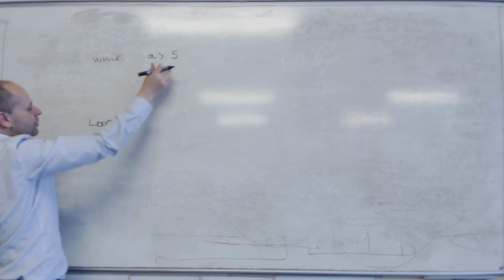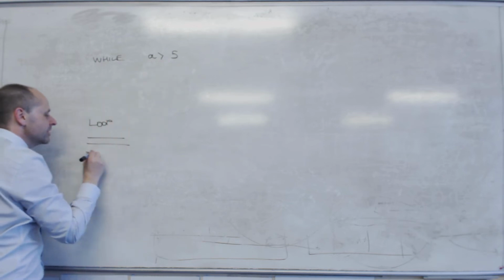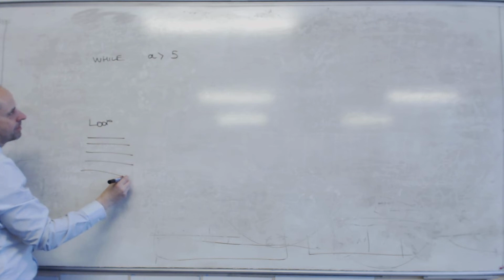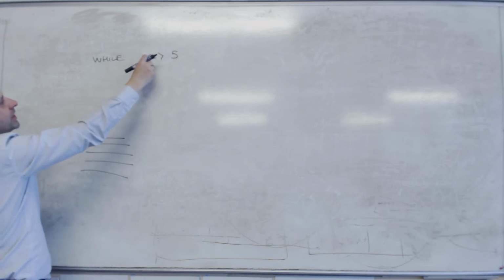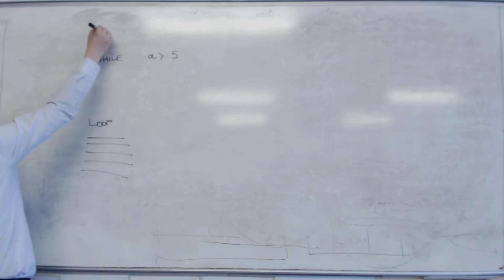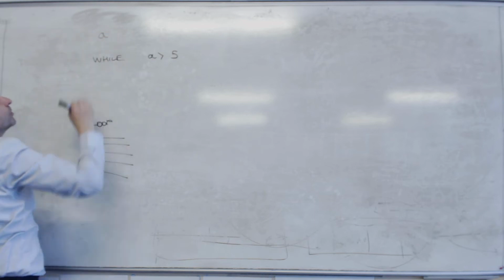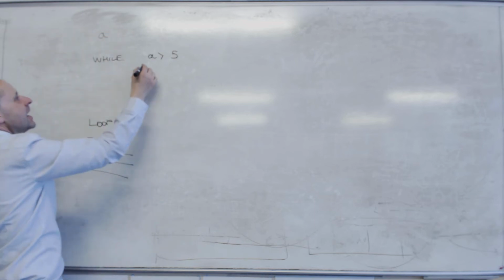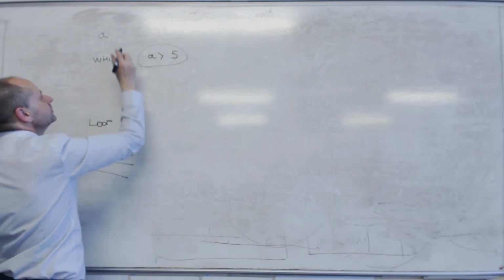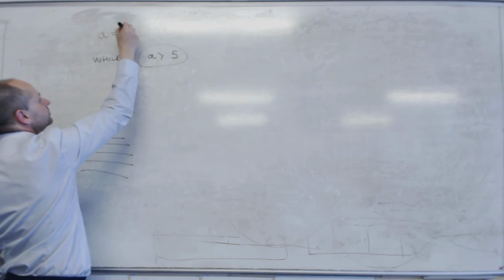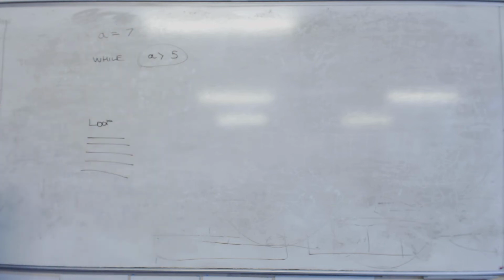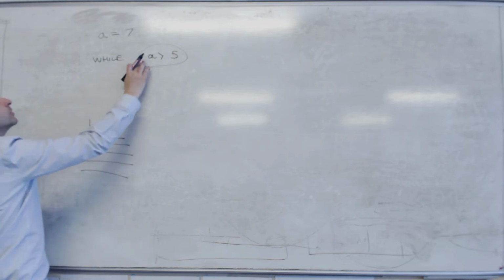If that is no longer true, we do the statements that follow the loop. In order for this to work, we need an initial value of a. So we must, before we start the loop, set this guard condition up. So in this instance, I've said a equals 7.